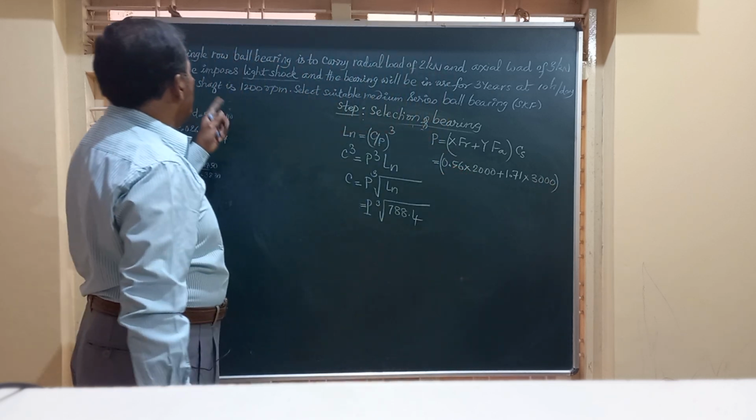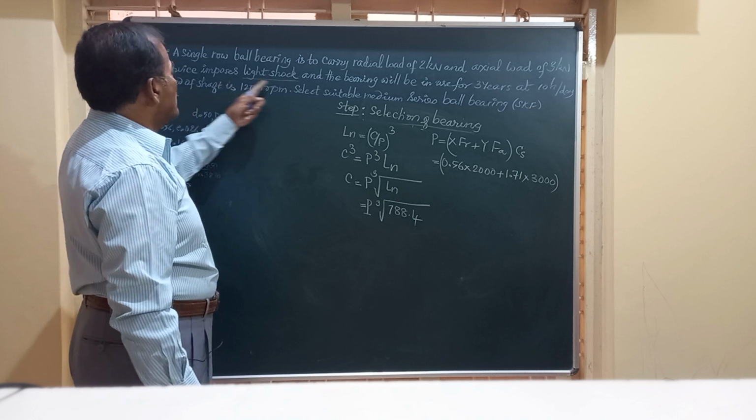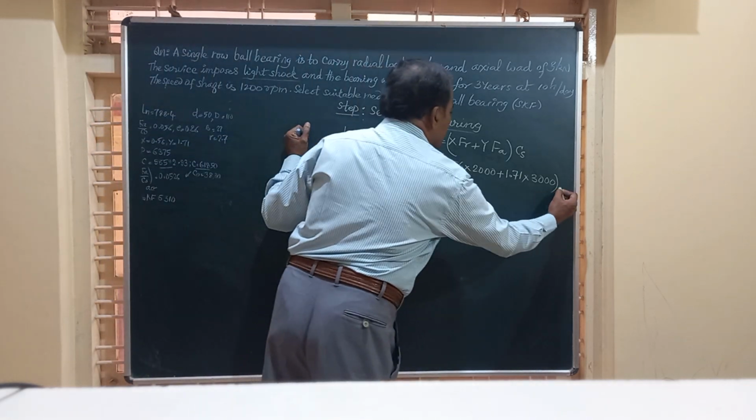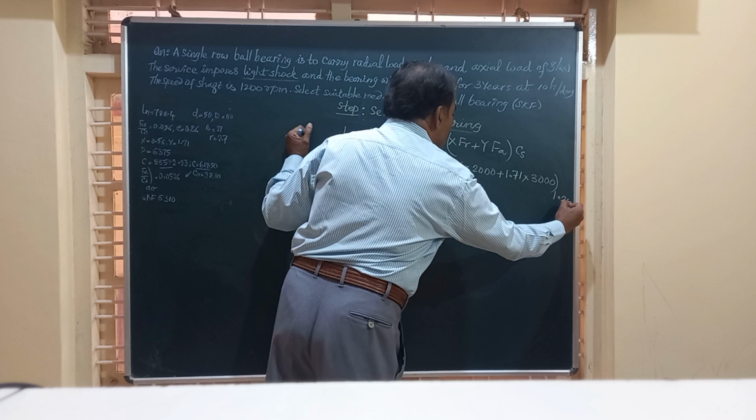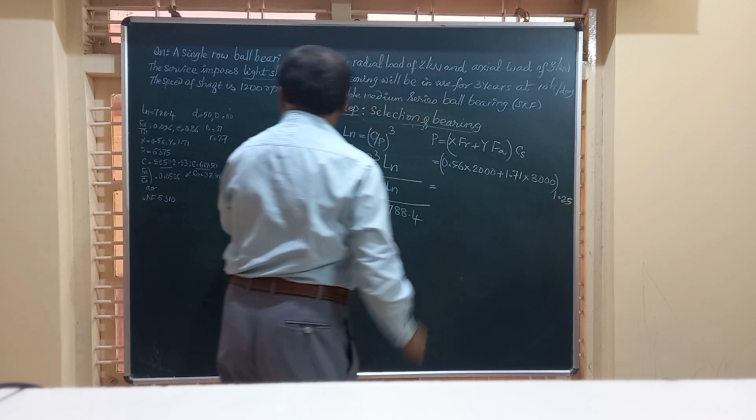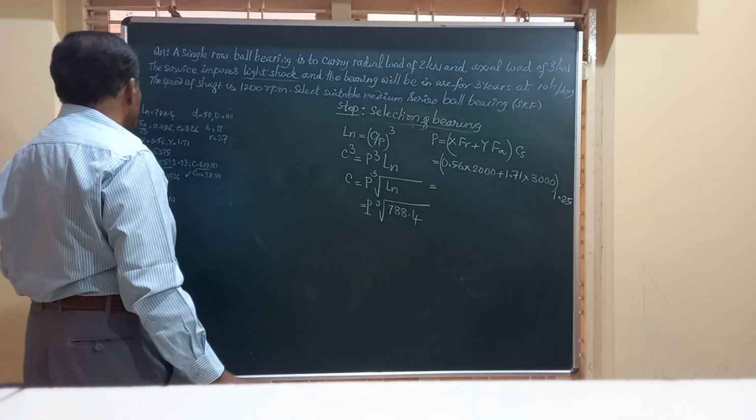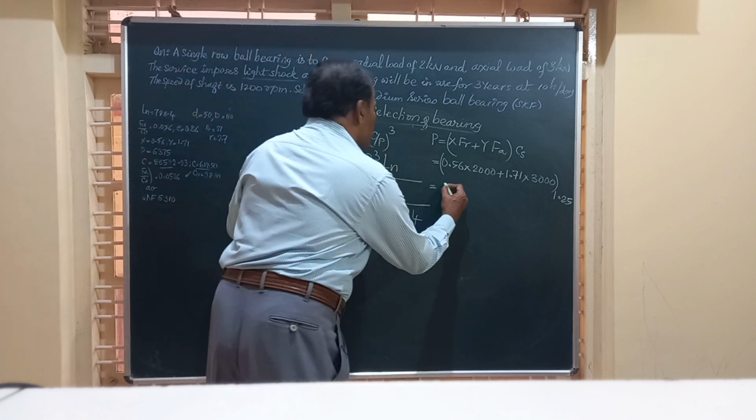See friends, the bearing is subjected to light shock. So we are going to multiply this by 1.25. And friends, this value of P works out to 6375.